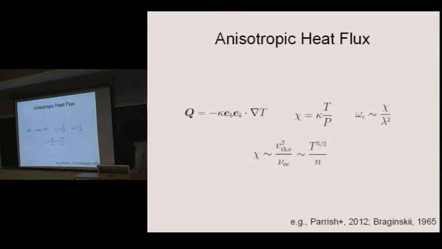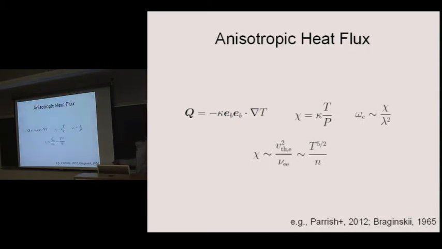And it turns out that you end up with this anisotropic heat flux. So you get a heat flux which is only in the direction of the magnetic field, which I call b-hat. And it's only due to temperature gradients along the magnetic field. So the flux is along the magnetic field and only due to gradients along the magnetic field.